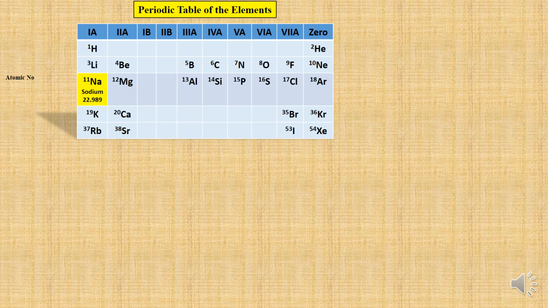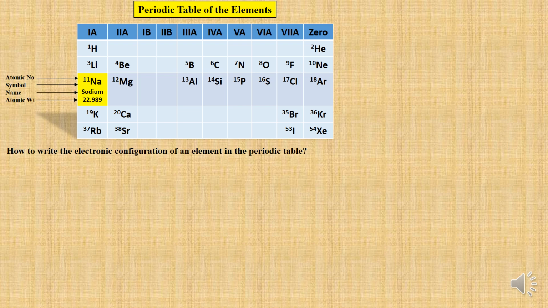So one can find the element in the periodic table based on its atomic number, or you can find the element by its symbol, by its name, or even by its atomic weight. Symbol and name are the simplest way of finding the element in the periodic table, rather than finding the element using the atomic number or the atomic weight.